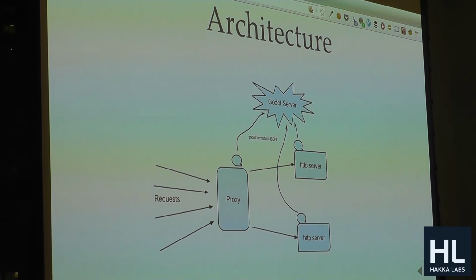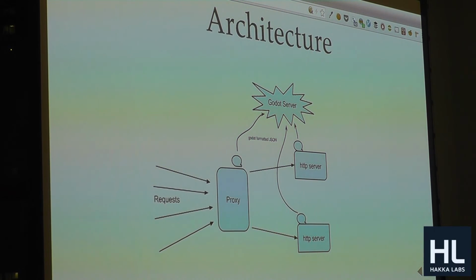Because we live in the world of virtual machines, you can just spin up a new one and tell the proxy that there's now this new server you can send things to. Now that's the new server in the pool. Then you can spin one down and make the same kind of change to the proxy to take that out of the pool. So what I wrote was a simple proxy that did some monitoring on the requests that were sent to these HTTP servers.